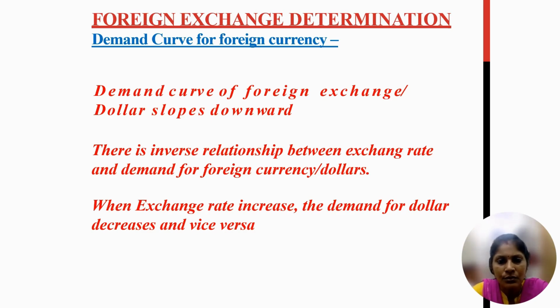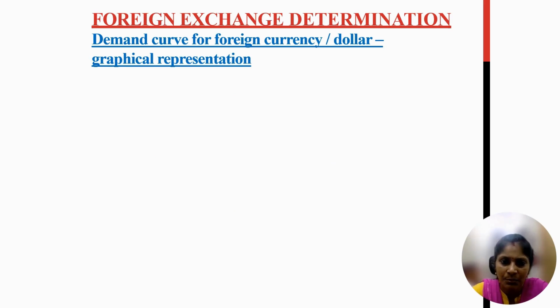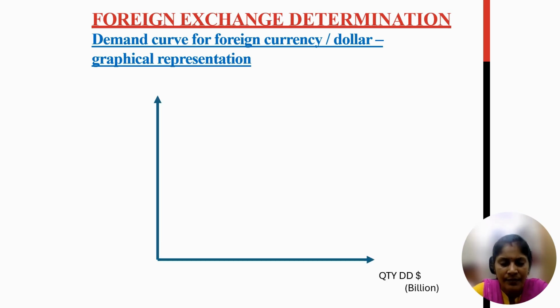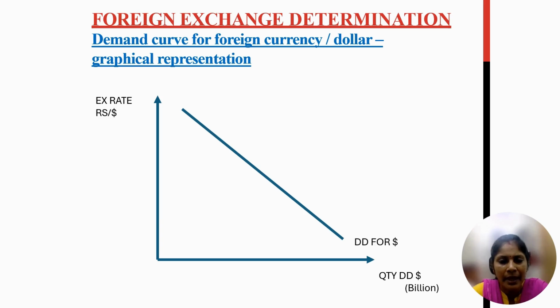We can graphically explain this in a better manner. You can see that the x-axis denotes quantity demanded in billion dollars, and the y-axis the exchange rate, rupees per dollar. The demand for dollars is a downward sloping curve.